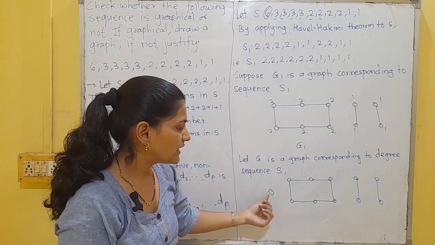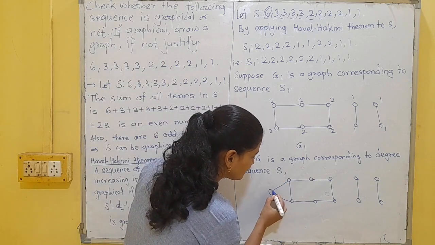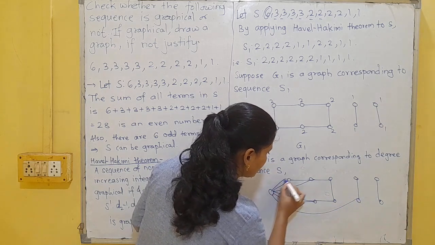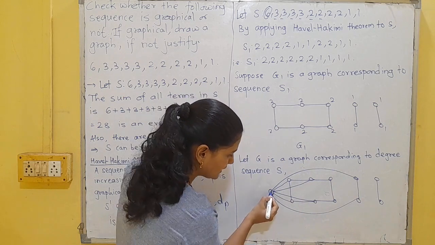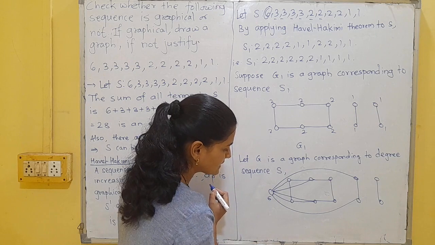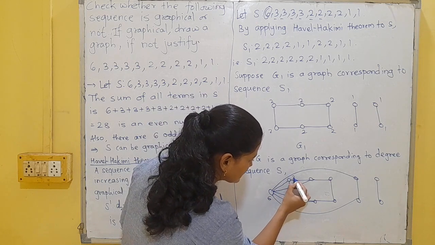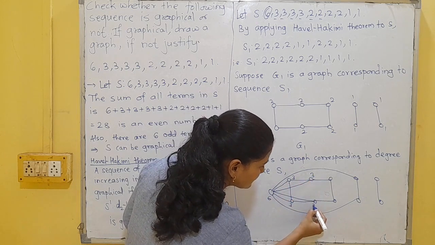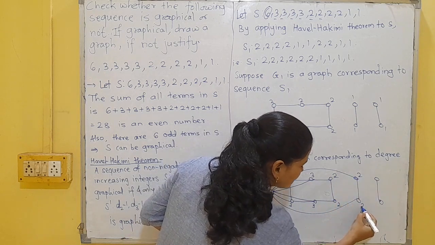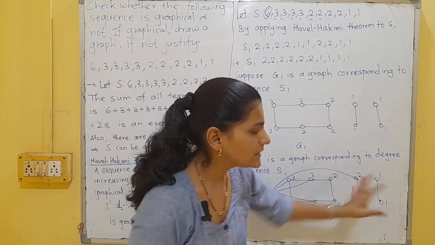So I am making the degree of this new vertex 6, joining it to these two vertices and these two vertices, and so on, making 6 edges. Now the degrees are: this vertex has degree 3, this one 3, this one 3, this one 3, these two vertices have degree 2 and 2, and these two vertices have degree 1.